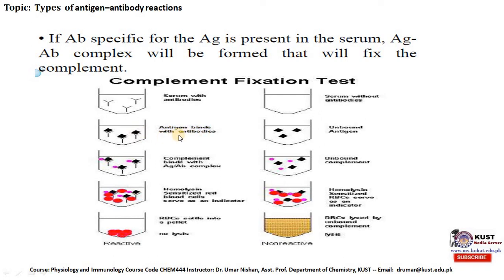Antigen binds with antibodies, unbound antigen. Complement binds with antigen antibody complexes, unbound complement. Hemolysis in sensitized red blood cells serves as an indicator.